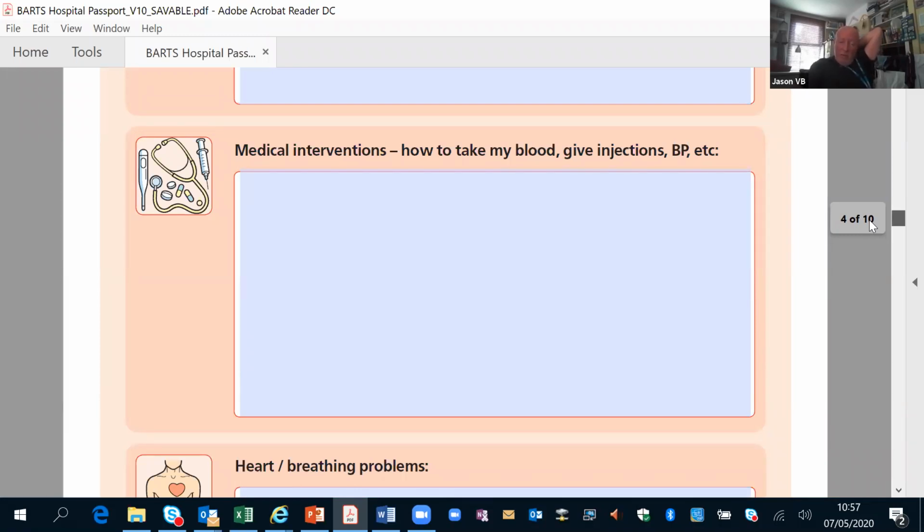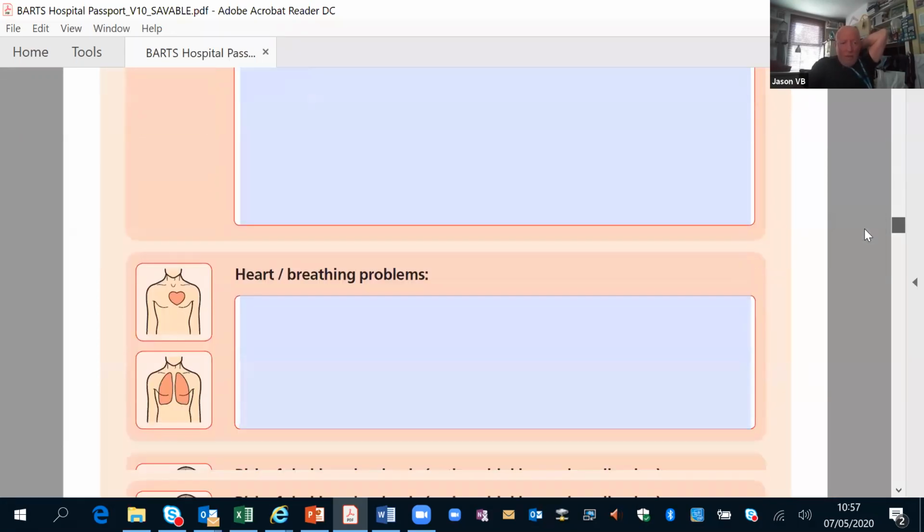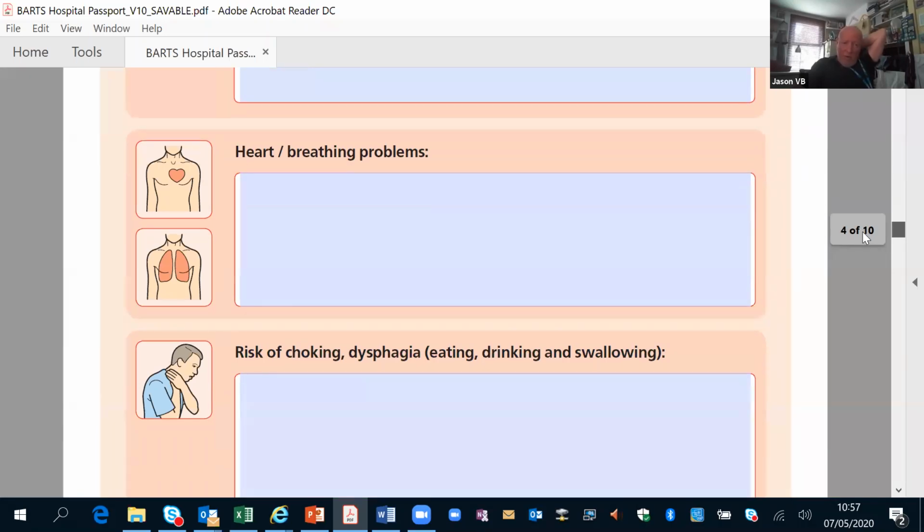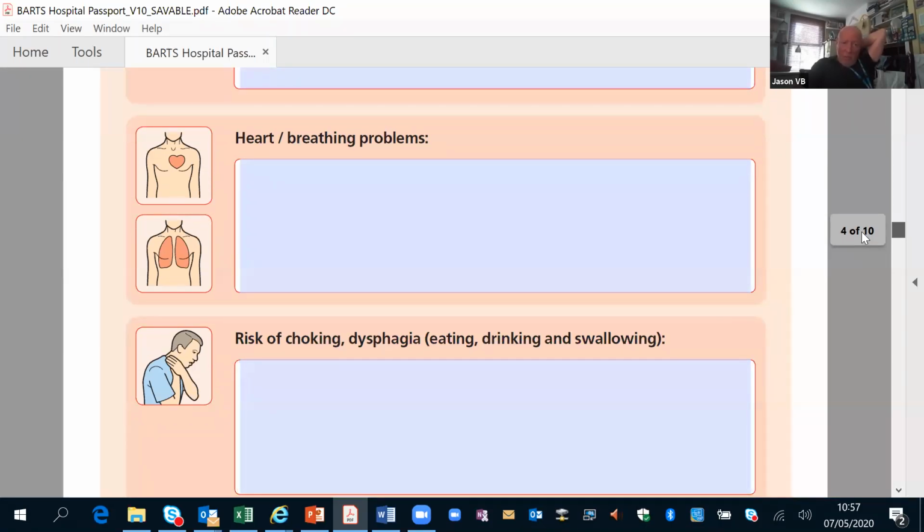Can you do an injection? All that sort of thing. Again, more detail, the better. People might be fine with a blood test, but might not be good with a CT scan. Again, heart, breathing issues, very, very important on the COVID-19 one, which I'll come to.